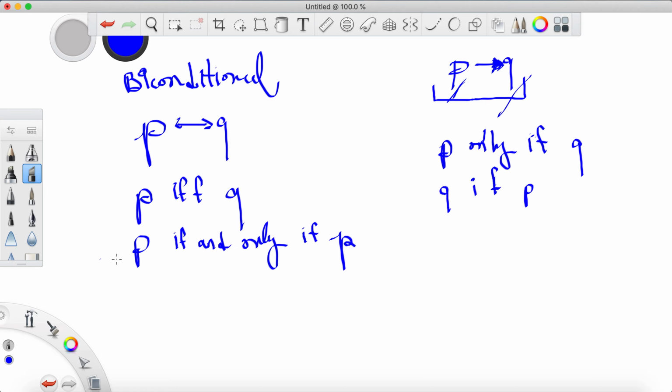P, and perhaps, so another way to read this is P, that should be a Q, sorry.